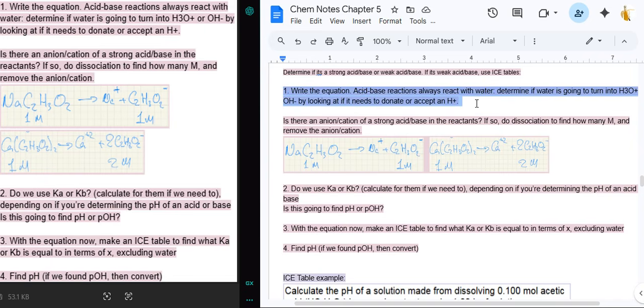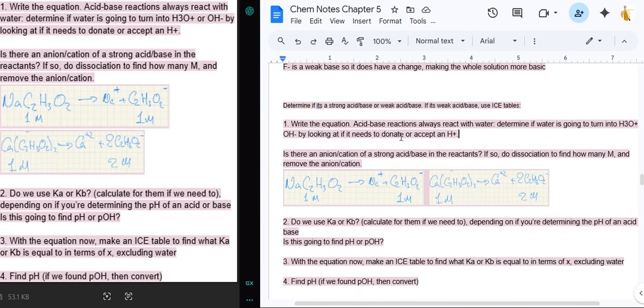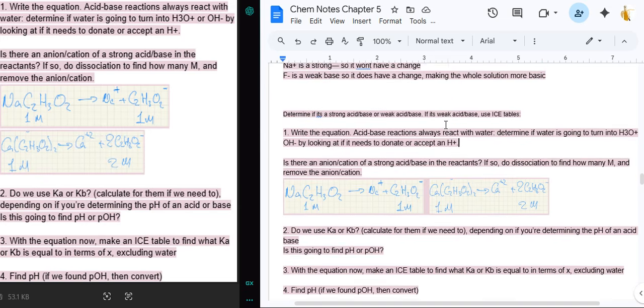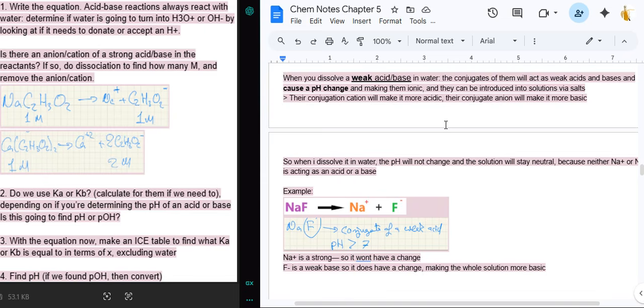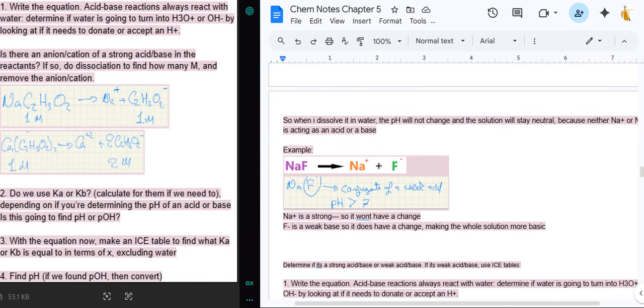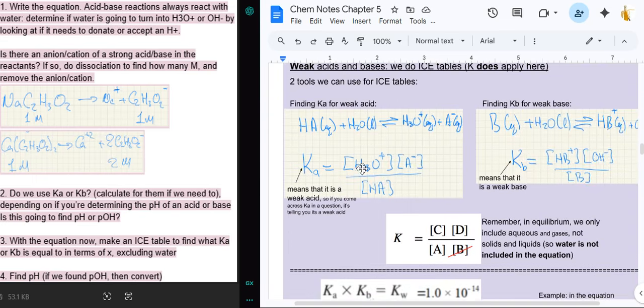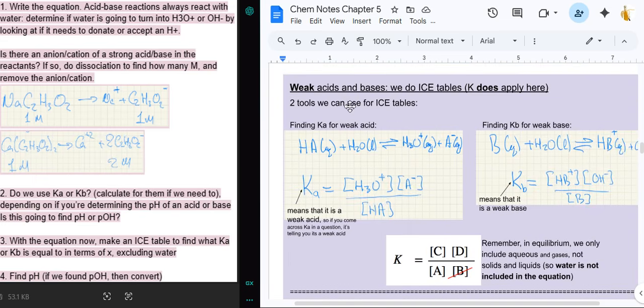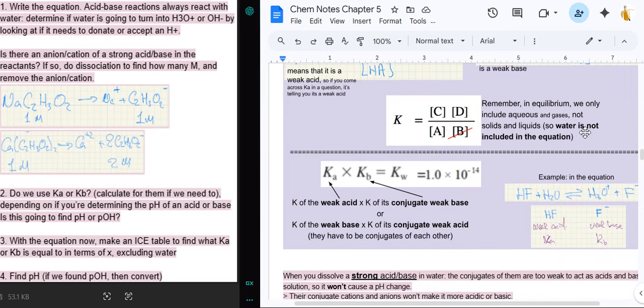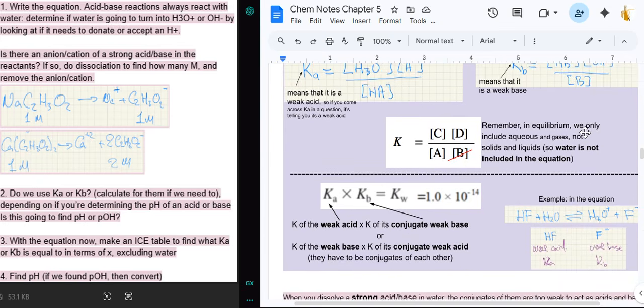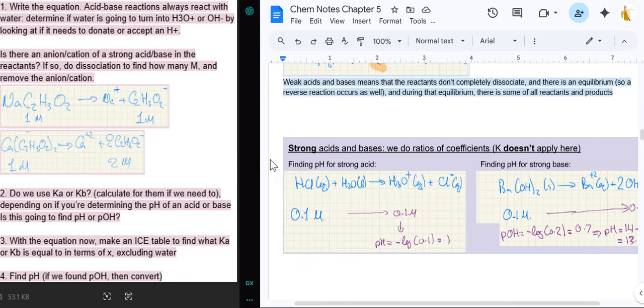Before step 1, remember, we use ice tables for weak acids and bases. So we don't use ice tables for strong acids and bases.